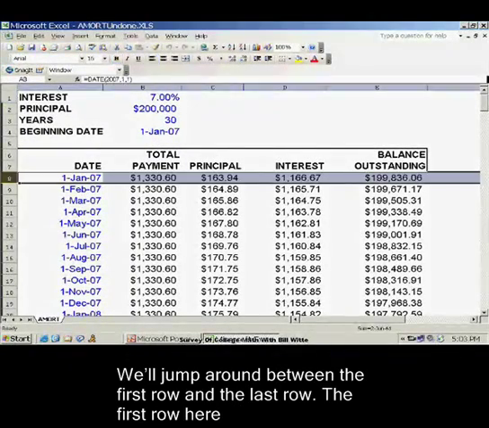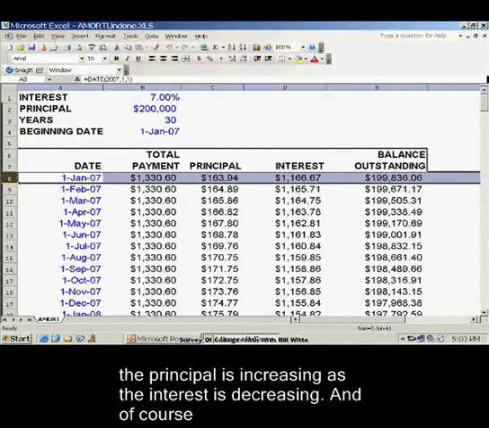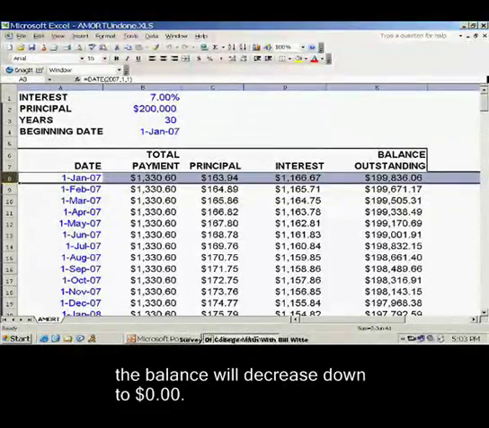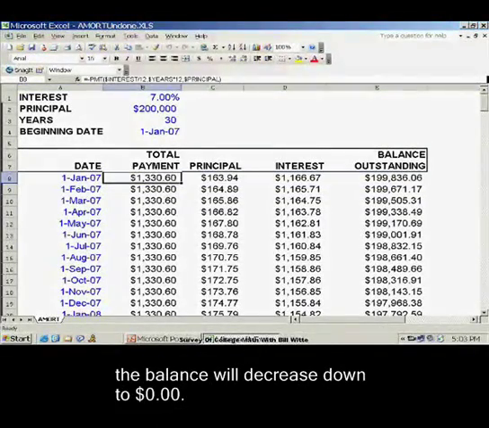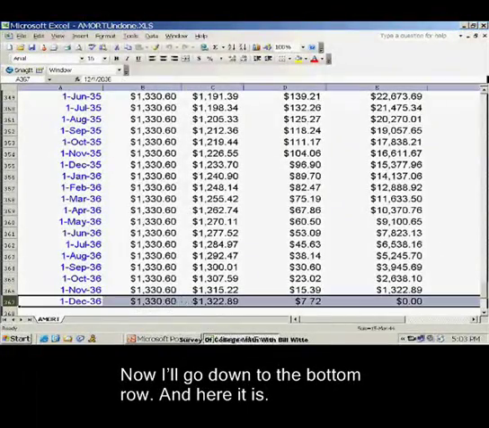The first row here, I notice the payment's going to stay the same throughout all the rows. Remember once again that the principal is going to be increasing as the interest is decreasing. And of course the balance will decrease down to 0. Now I'm going to go down to the bottom row. And here it is.